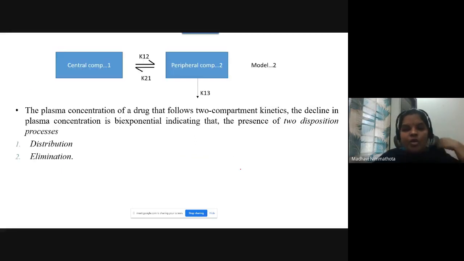And then you have model 2. In this model 2, we are introducing K13, that is the elimination process. See, this is wrong. Your elimination is taking place from the central compartment only. Just observe, this is wrong.